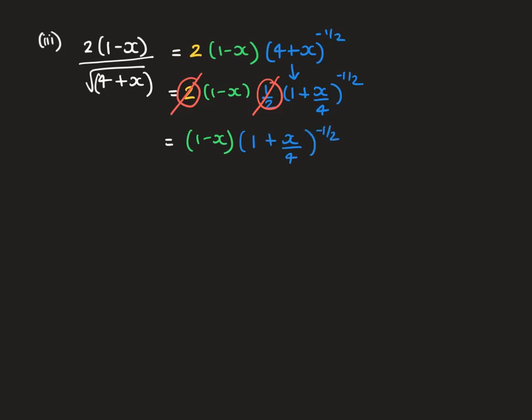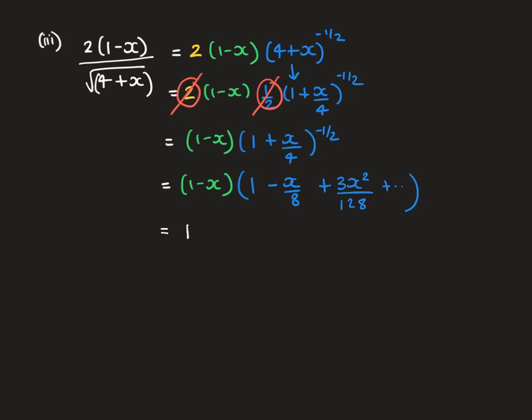Now, we need to find the first 3 terms of this in ascending powers of x. So we're going to use the terms we got from our expansion previously, which was 1 minus x over 8 plus 3x squared over 128, and we're going to do our expansion.